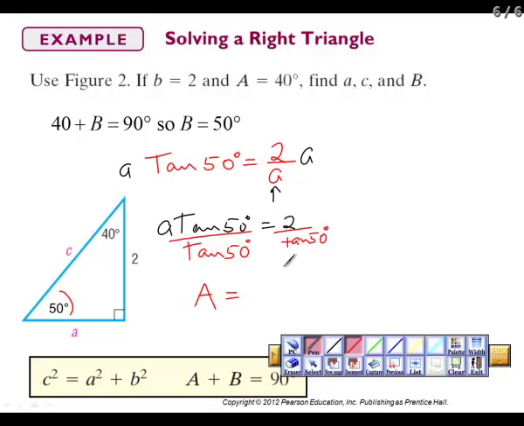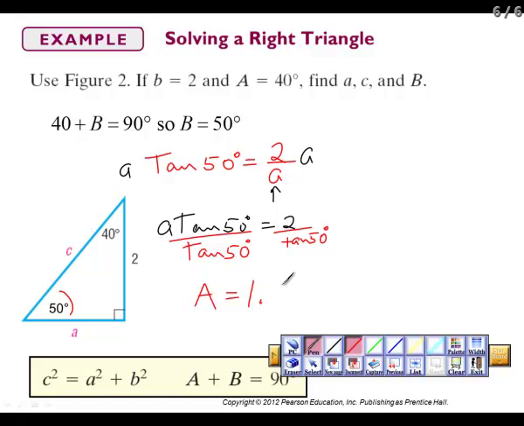So I would recommend that you check that every time, because you're going to be switching back and forth between degrees and radians. Okay, so this will be 2 divided by tangent 50 degrees. And we hit enter, and we get 1.678.